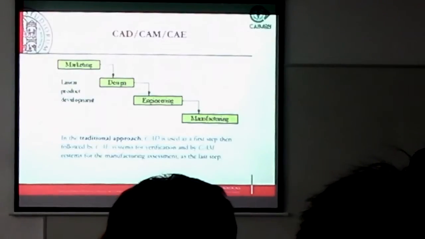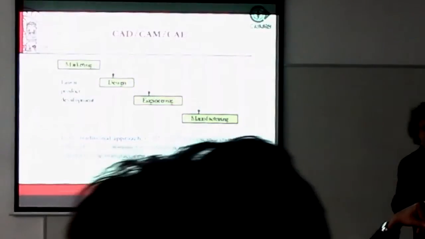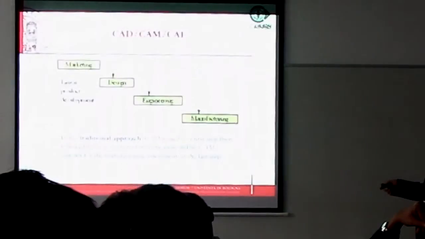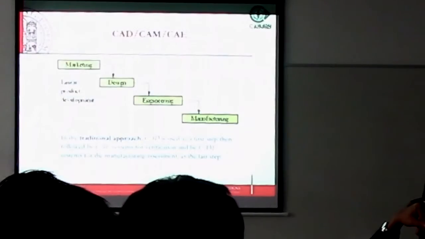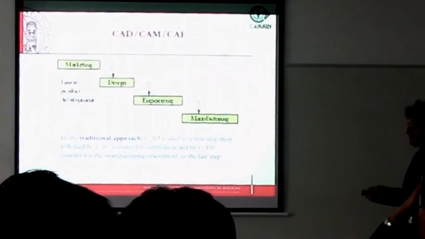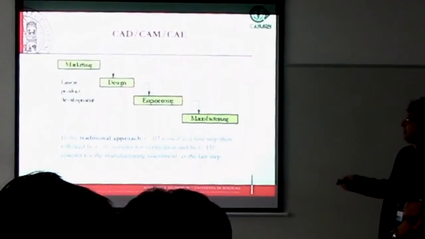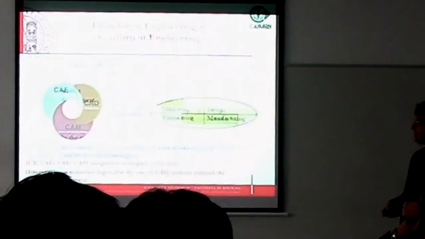Sometimes they fight because the solution is not as valid as expected, and again the engineering or the manufacturing shop can have something to modify, can ask for some modification to the project. So this traditional approach is very complex.